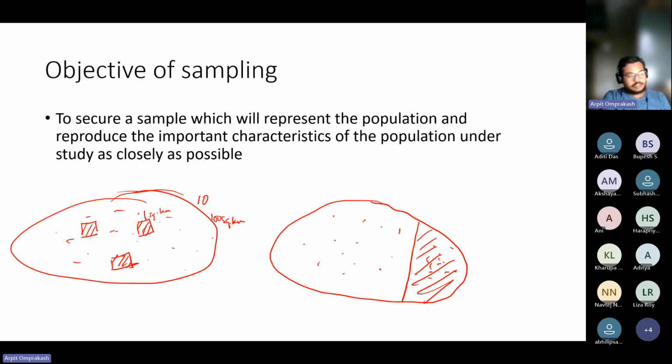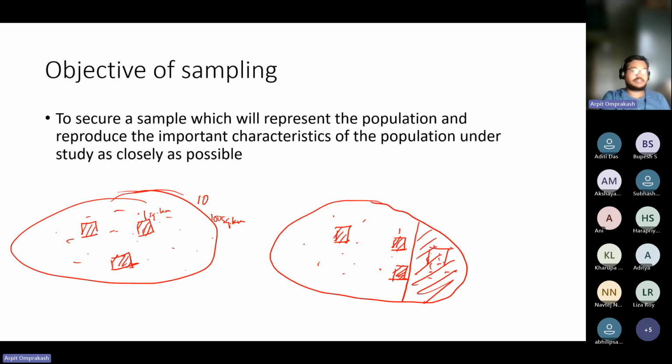If we do the same thing here, if we randomly place quadrats and we calculate the number of individuals to estimate, and we happen to place all of them here, then the estimate we get will be very low, because there's a place here which has a very high density of individuals which is not getting factored in, because we are not sampling there.